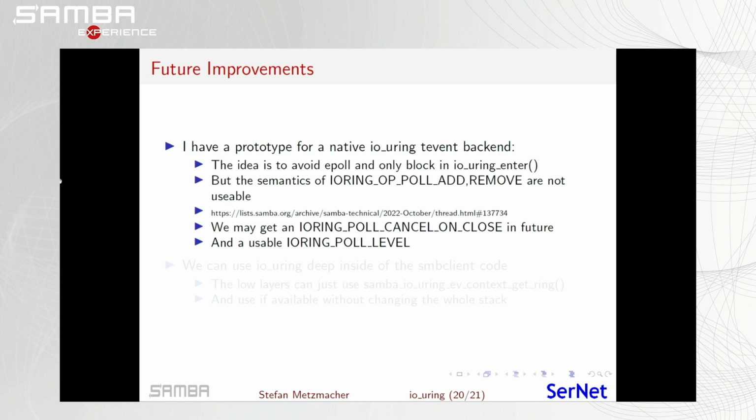And I proposed some changes for that, and have patches for that. But as there are also other problems with level triggering and so on, I deferred these and worked with the epoll backend for now.